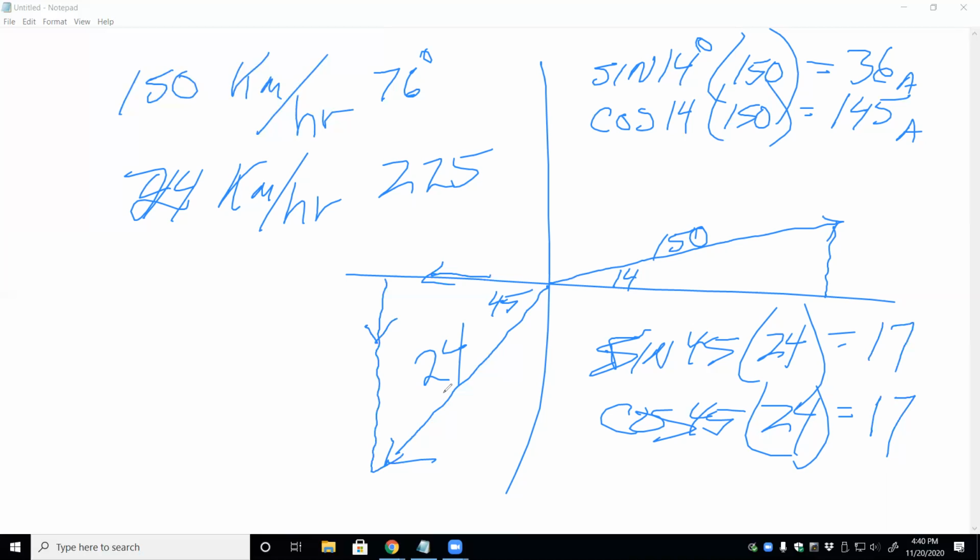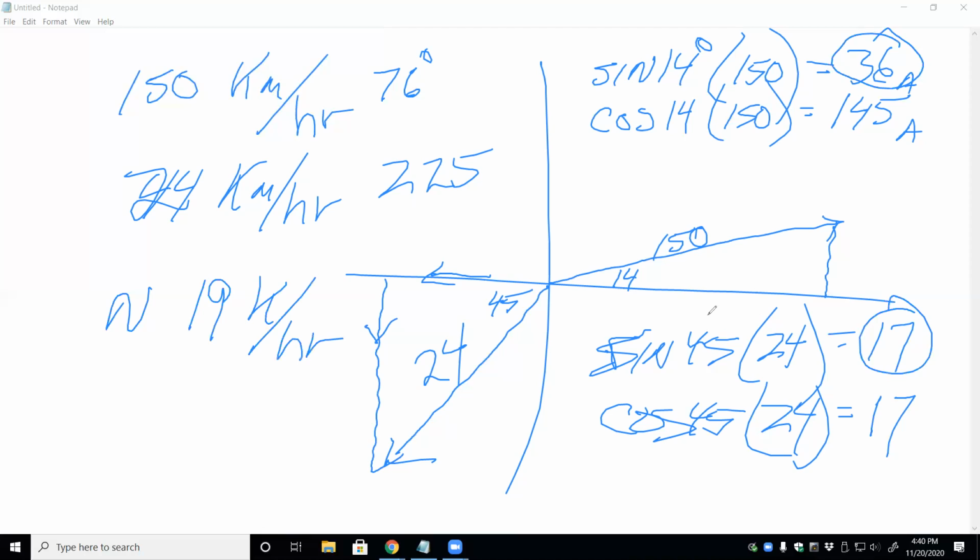Now, to figure out the result, I know that the wind is going south and the airplane is going north, so these are going to subtract. So the net vertical is 36 minus 17. So the net vertical is north at 19 kilometers per hour.